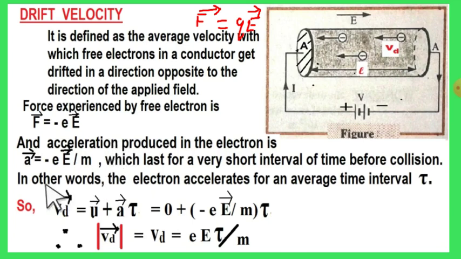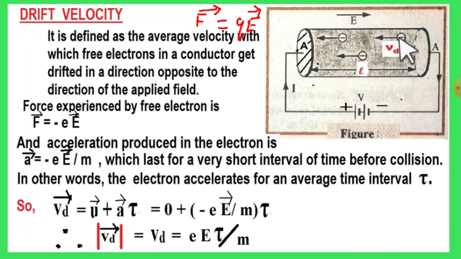In other words, the electron accelerates for an average time interval tau. Now if you talk about all of the electrons present inside the conductor, then we have to talk about the average, so the average time, or rather the average relaxation time.